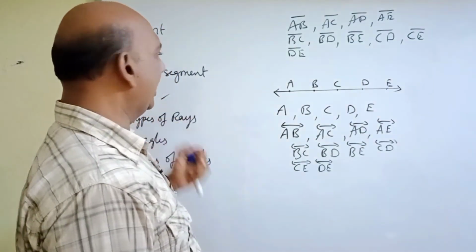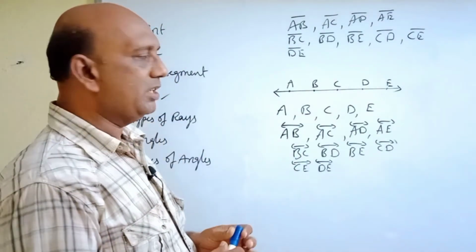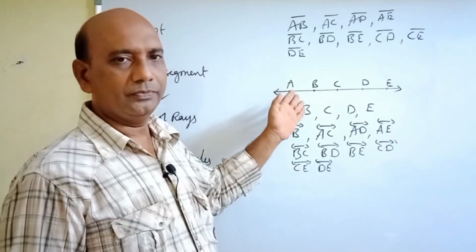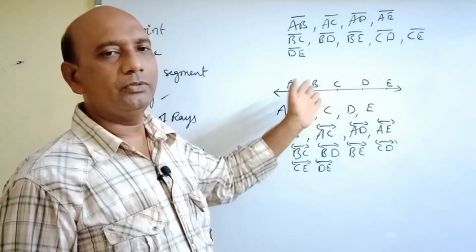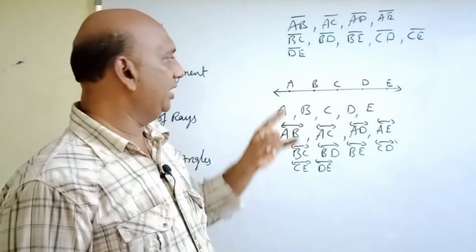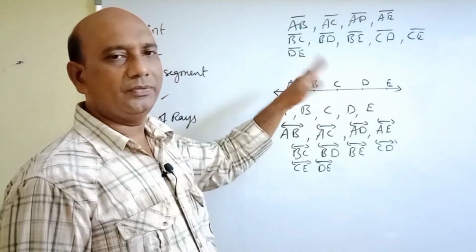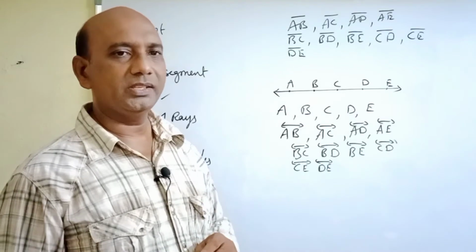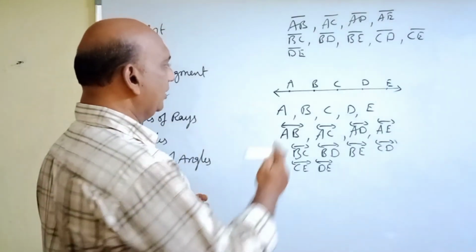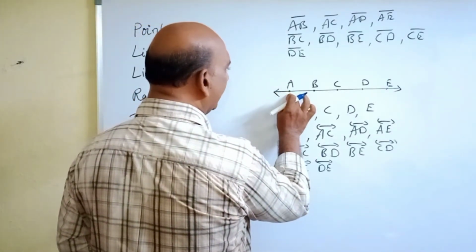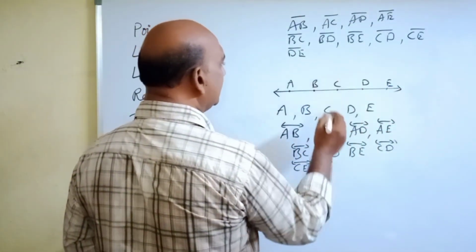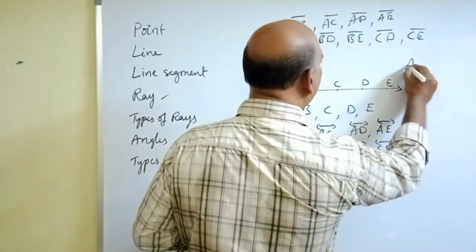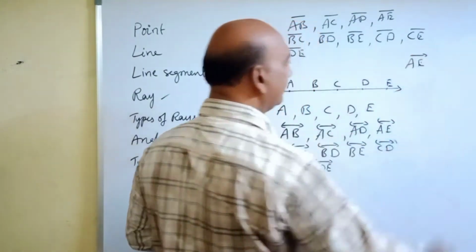Next, ray. Ray means from one point to any one of the two sides, the part to any one of the two sides. That means if we start from A towards this side, towards E, it is indicated as ray AE.